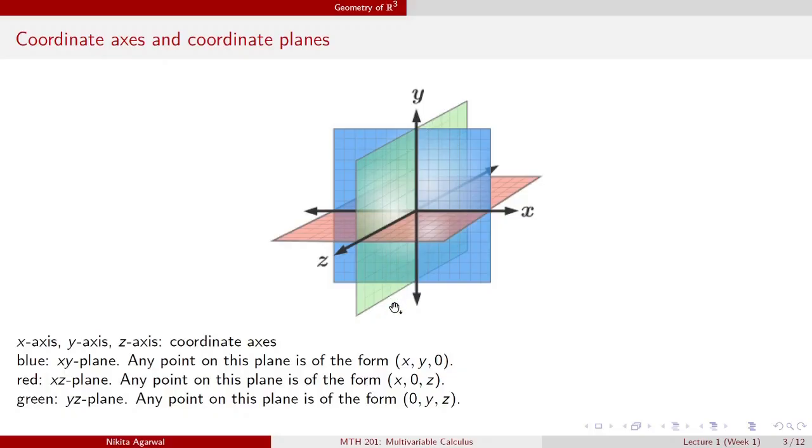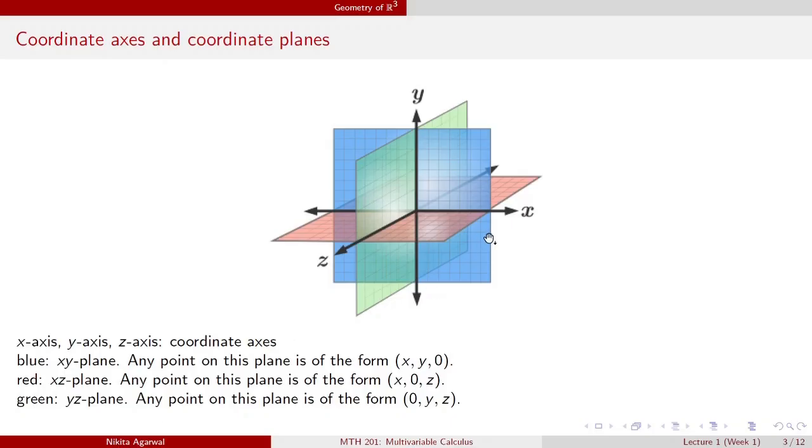Similarly, this red or orange plane contains the x-axis and z-axis, and it's called the xz plane. And this green plane that you see contains the z-axis and the y-axis, and it's called the yz plane.